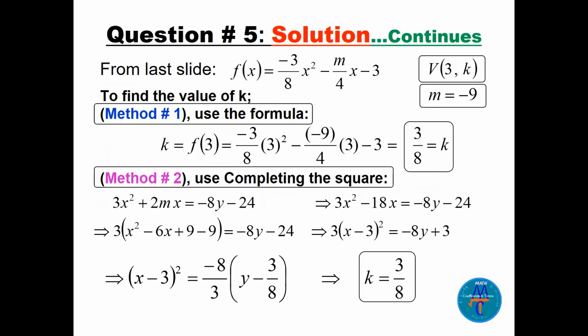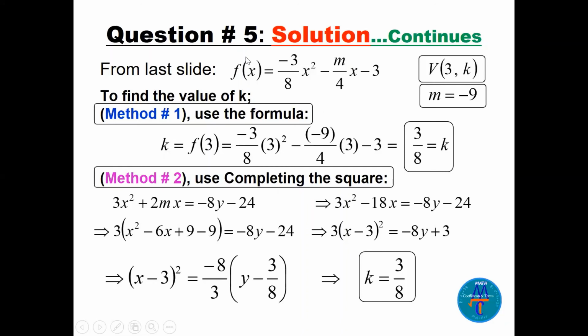And just for you, I put here two methods to find the value of the k. Exactly the same answer, two different methods. If I replace in the first one, m by minus 9, and I have already h equals 3, just put it in the function.